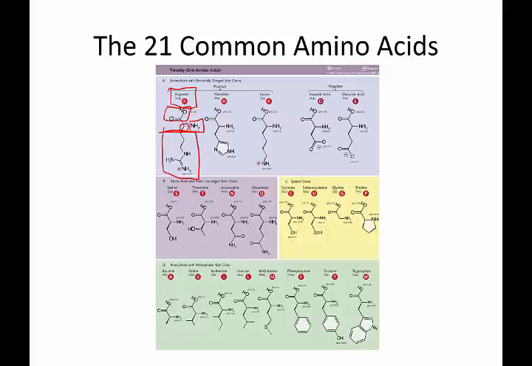Next, we'll look at histidine. HIS, or H, is histidine. Again, we have the carboxyl group, amino group, central carbon, and the R group. We can then look at lysine, LYS or K: carboxyl group right there, amino group, central carbon, and the R group.